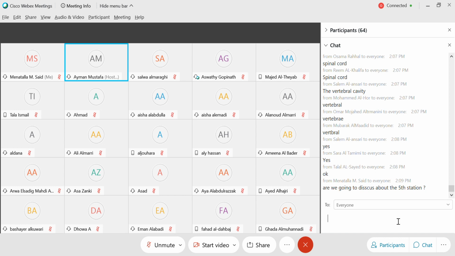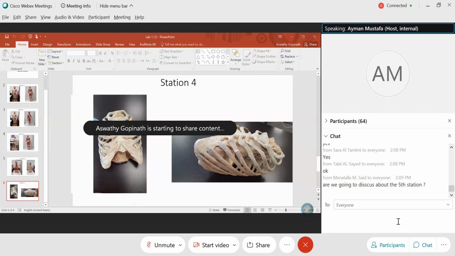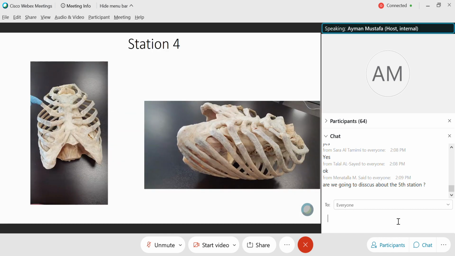We say a patient came to the doctor complaining of a swelling in the area posterior to the knee. So the question is about the area posterior to the knee. What is the name of that area? So this is how the questions are made. If you study your slides and textbook, you should be able to answer these questions. Okay?